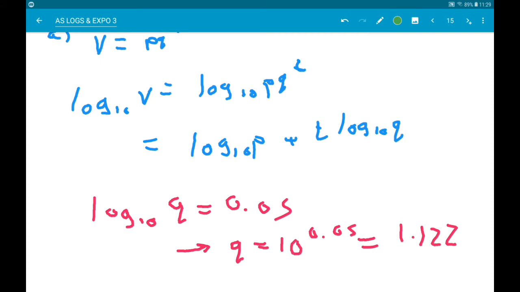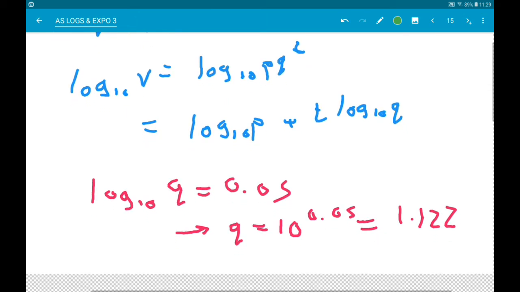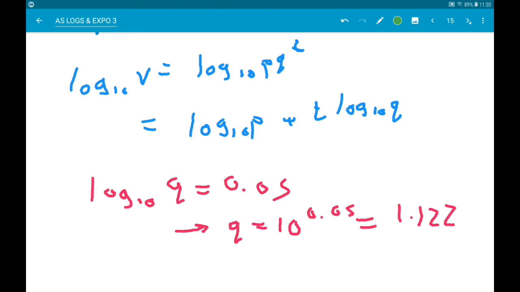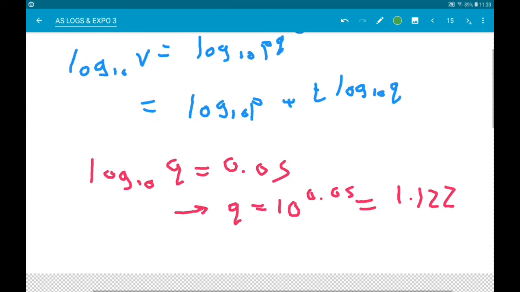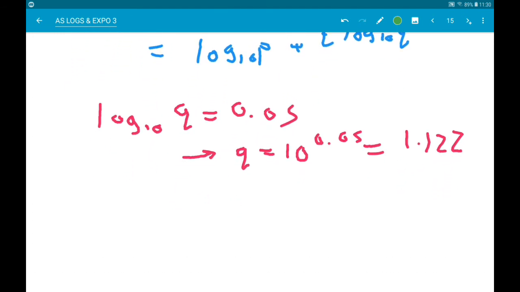Okay, and then in the equation for L, the constant was 4.8. So here our constant is log 10 P. So that tells us log 10 P is equal to 4.8.